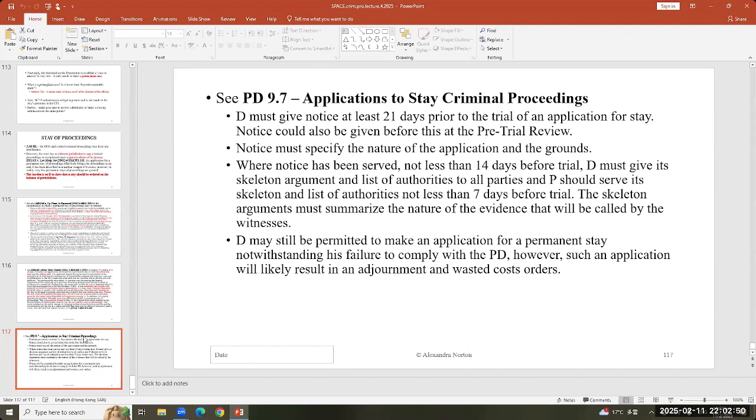But in the vast majority of cases, they are not successful because the threshold is so high. Nancy Kissel tried it and failed. She argued that her case was so notorious that no jury in Hong Kong would possibly not have heard about it and have been influenced by all of the prejudicial pretrial publicity, so a fair trial was impossible. That failed.